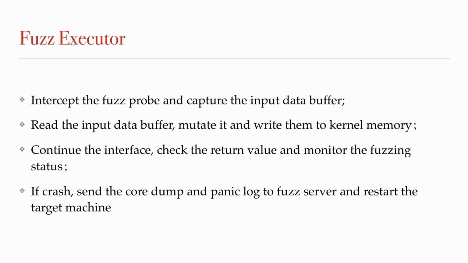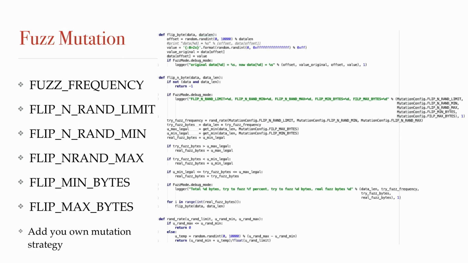And also, after the mutation, it will continue to give the execution back to the kernel. And if it crashed, it will call the crash monitor module to try to get the core dump and other logs for reproduction to the fuzz server. And also, it will restart for another session of fuzzing.